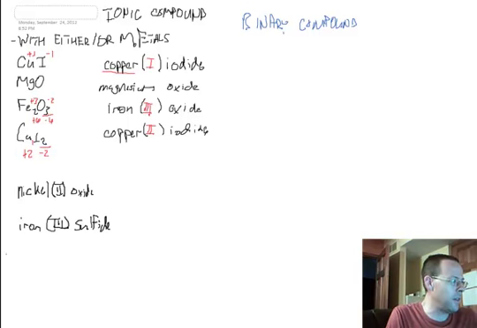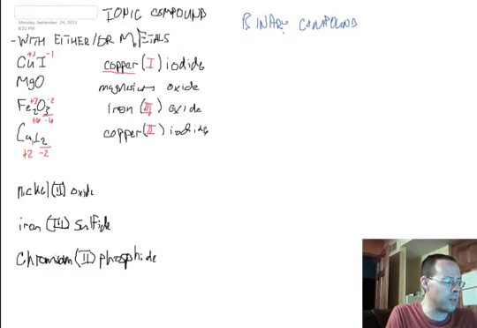And lastly, we'll do something a little bit different. We'll do chromium 2, we'll call it phosphide. Alright, in my opinion, these are a whole lot easier than going from formula to name. It's much easier to go from name to formula.